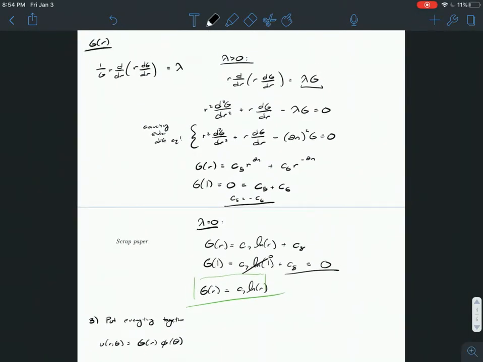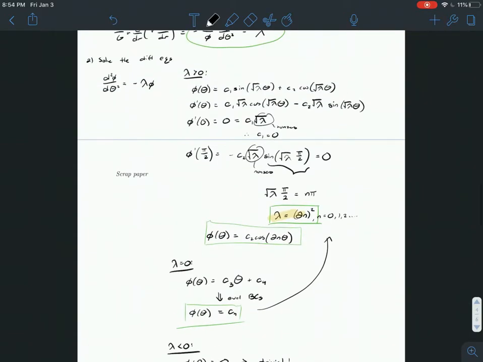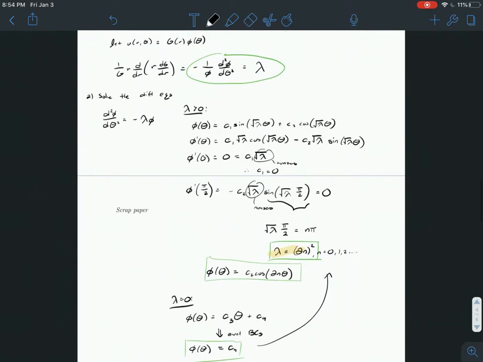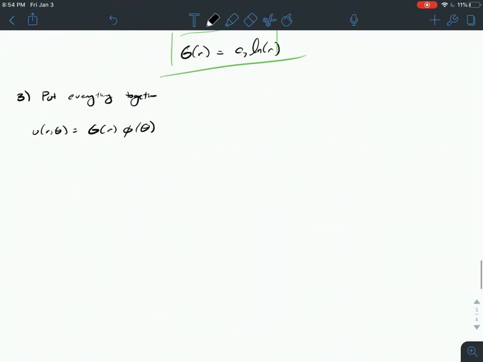G of r has different values for the cases for lambda greater than 0 and lambda equal to 0. When lambda is equal to 0 for the phi function, we just have a constant, and when lambda is greater than 0, phi is equal to cosine 2n theta. So we have to be very careful when putting our product solutions together because we have two different sets of lambda solutions going on here.